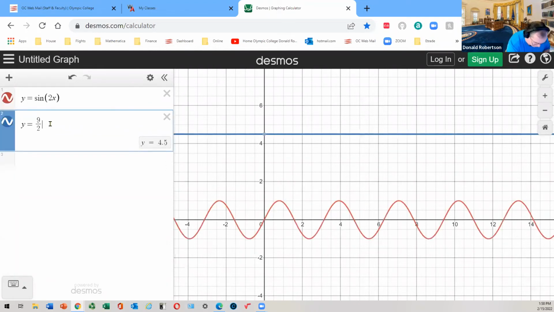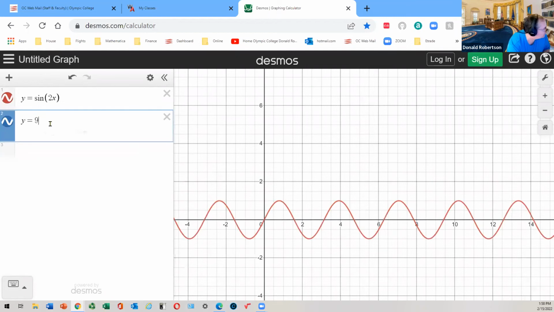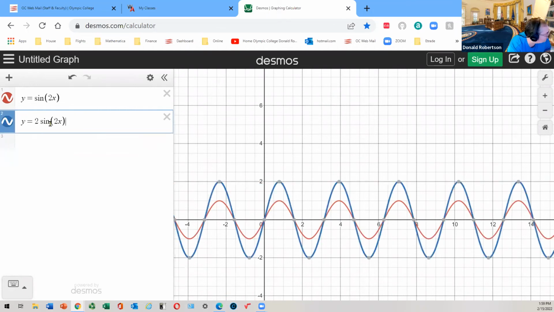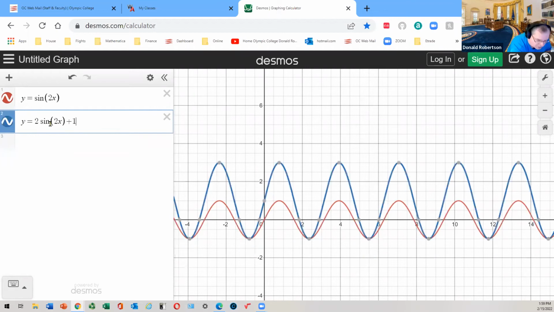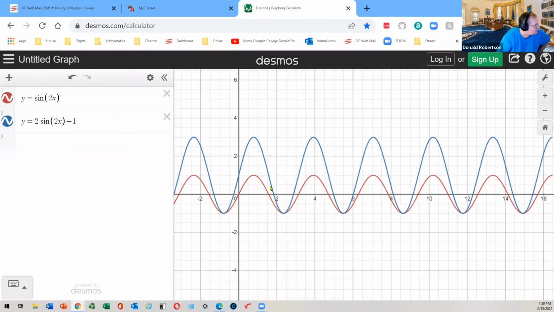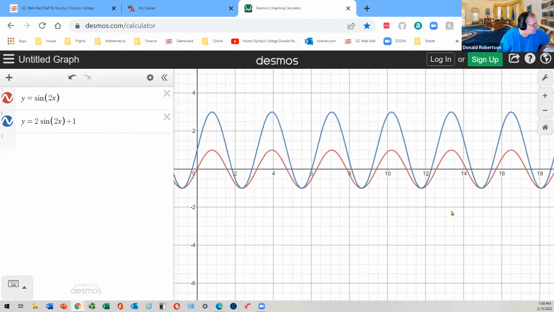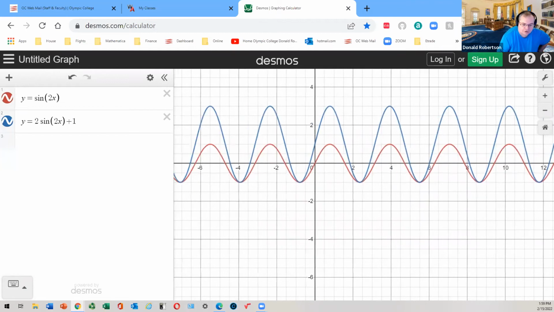And the second equation is, eventually it's going to be 2 sine 2x, add 1. And if I go here and I do a graph of it, they show you 4 pictures and you draw it.